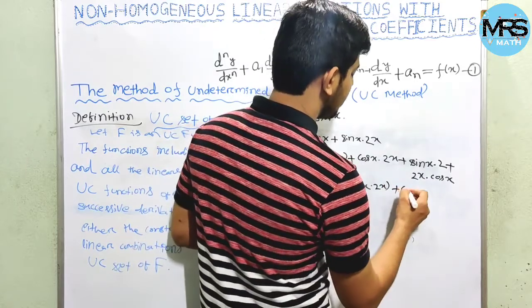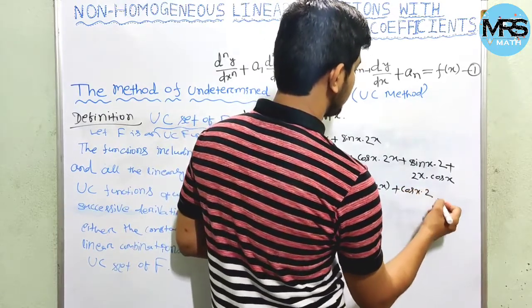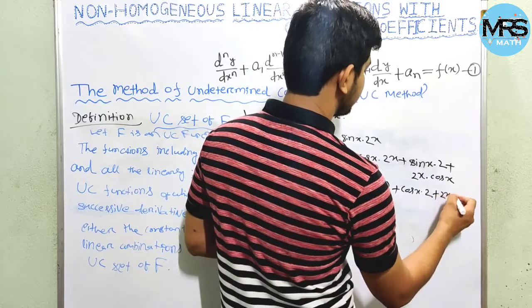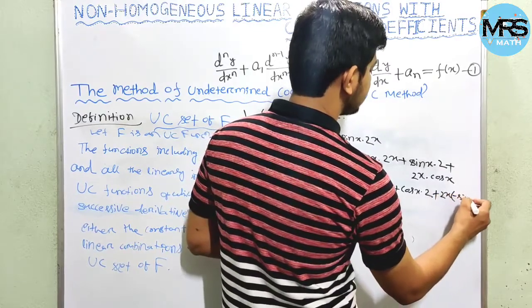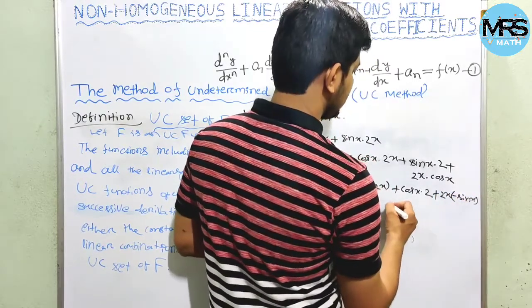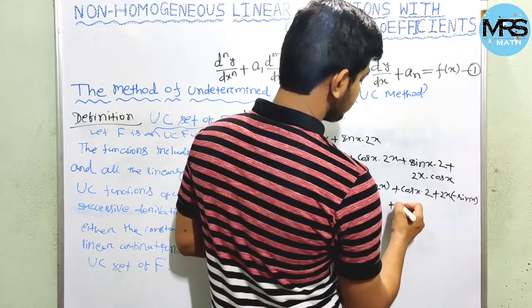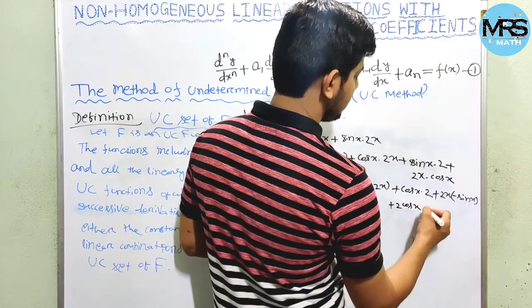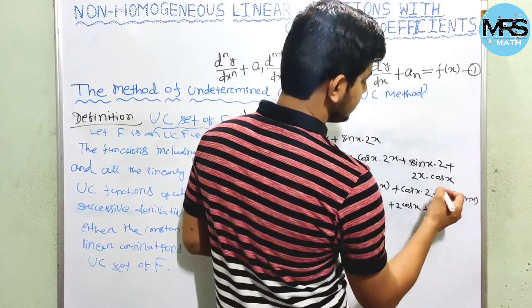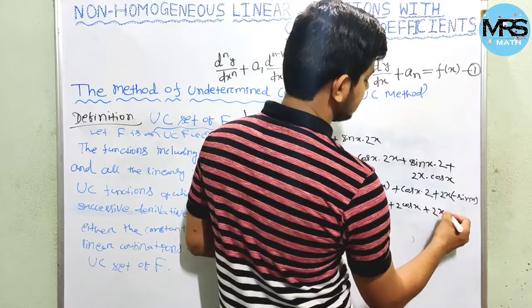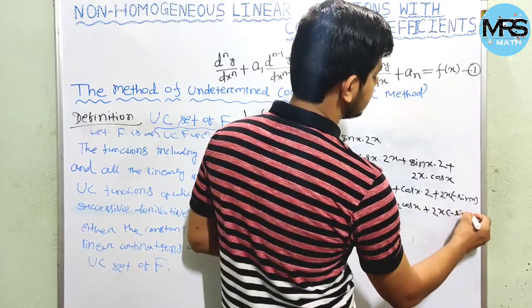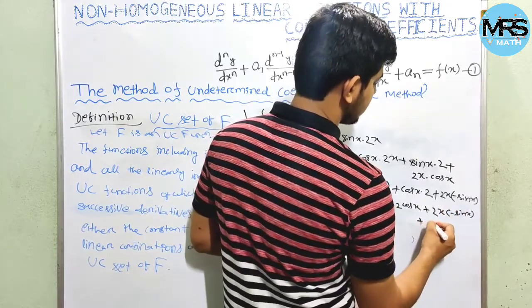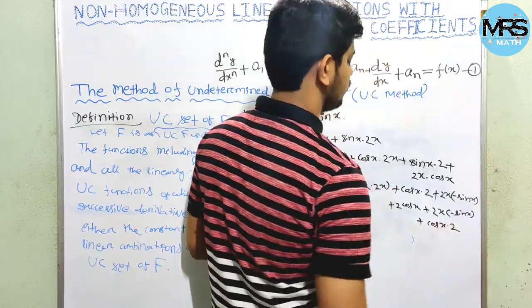Now this one will be cos x into 2, plus 2x into minus sin x, plus 2 cos x, plus 2x minus sin x, plus cos x into 2.